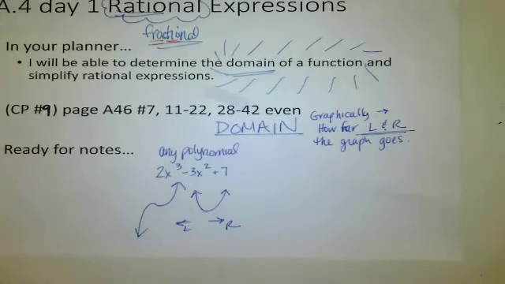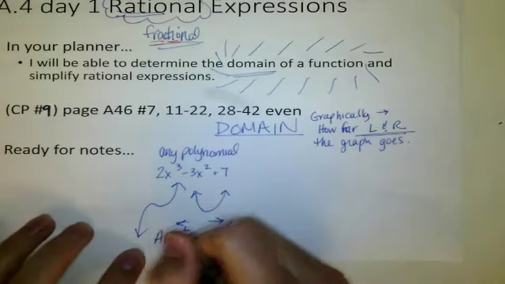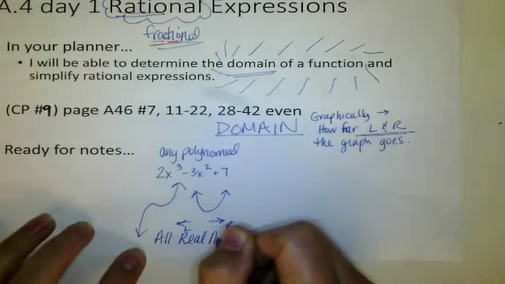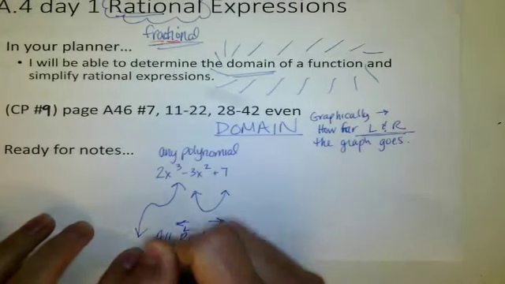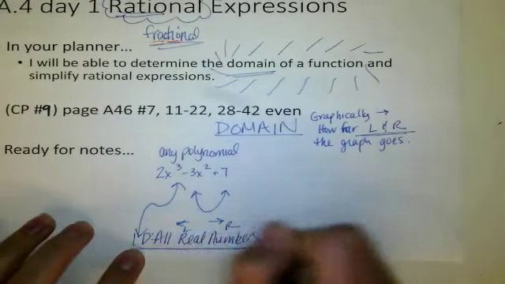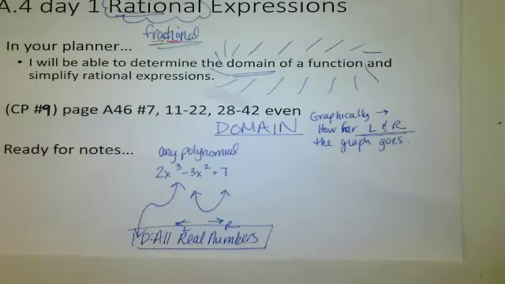All the x values that are negative and all the x values that are positive. So we say that the domain is all of those real numbers. And so all real numbers is the domain of any polynomial function, because it goes forever to the left and forever to the right.